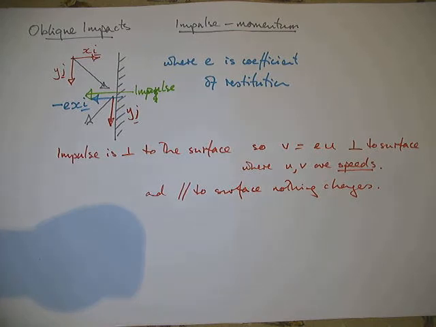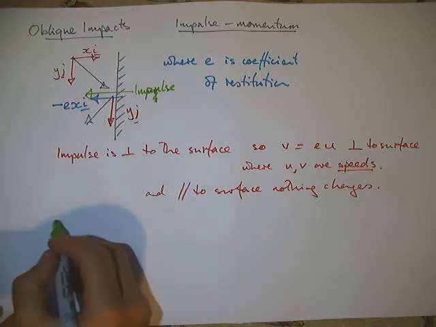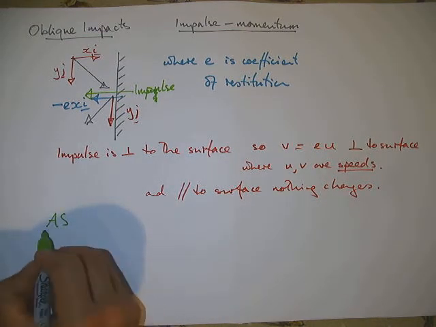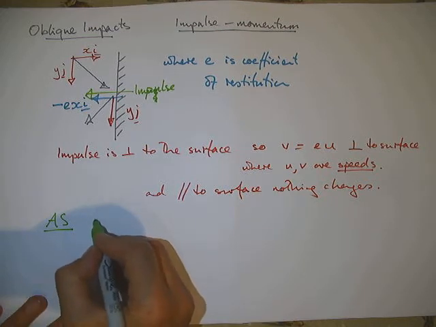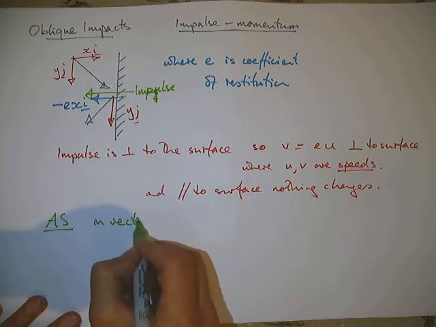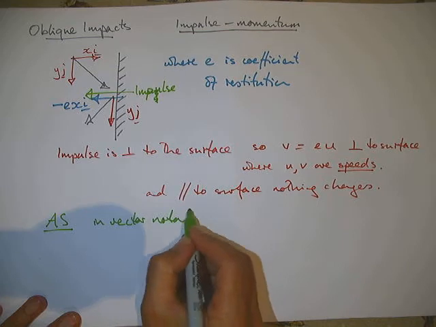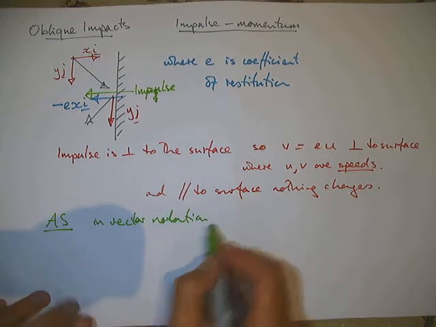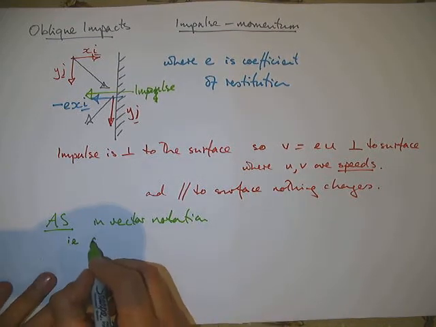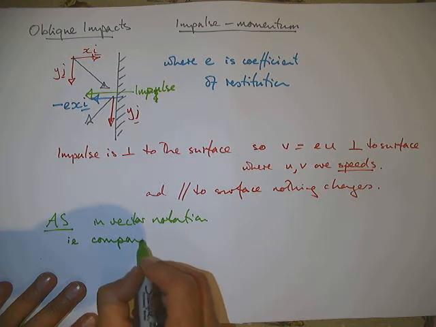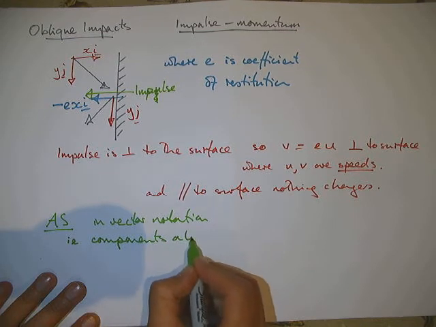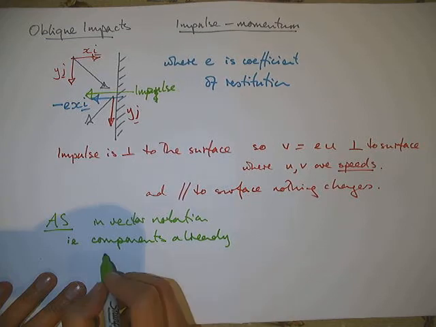Right, how does this split up? With the AS work, we do it in vector notation, i.e. components already given.